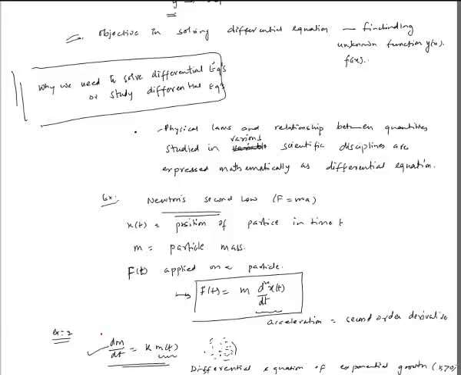The fact is that differential equations are extremely useful, and they are used from time to time in modeling of physical phenomena. So why do you use maths? First of all, maths is basically used in order to model something which is physical. So to model physical phenomena, you use maths, and differential equations are basically used in modeling.